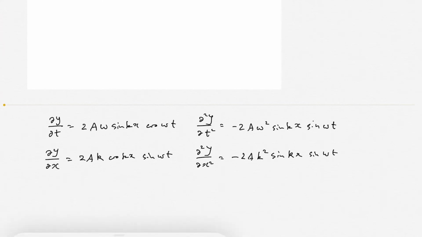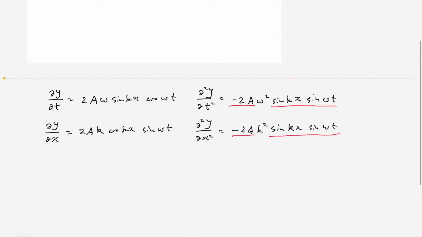So by looking at each term, you can find minus 2a sin kx sin omega t in both equations. So from these equations, you can easily equate these two: if you multiply by k squared, the second derivative with respect to t equals omega squared times the second derivative with respect to x.